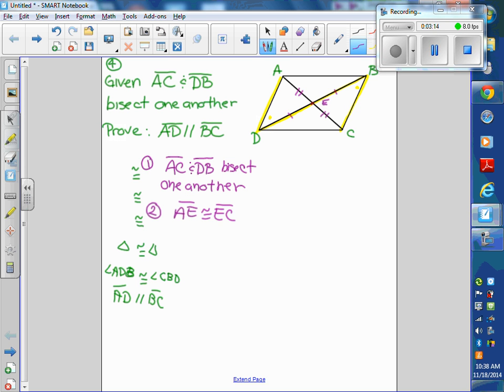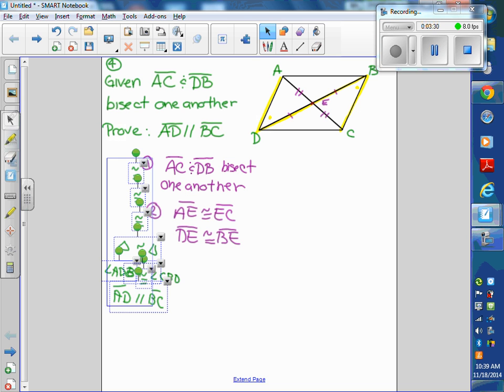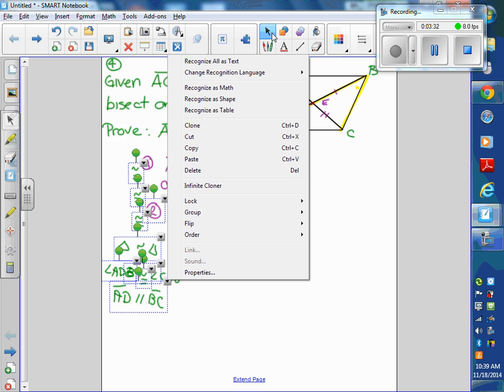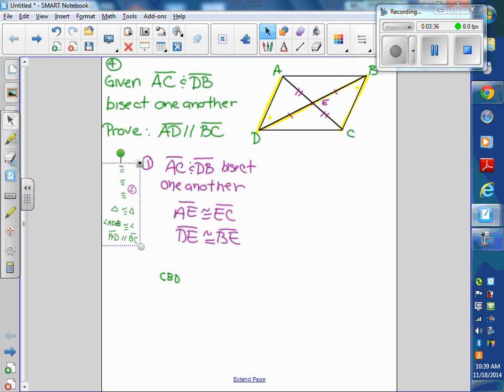And it also tells me that DE is congruent to BE. Get this out of the way. That's just my little side notes.